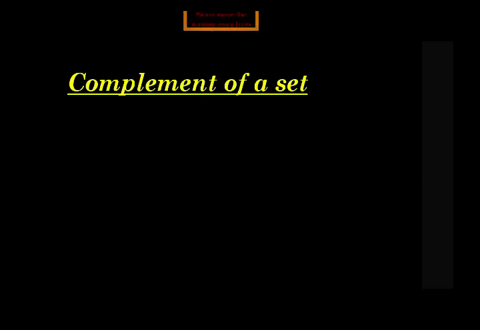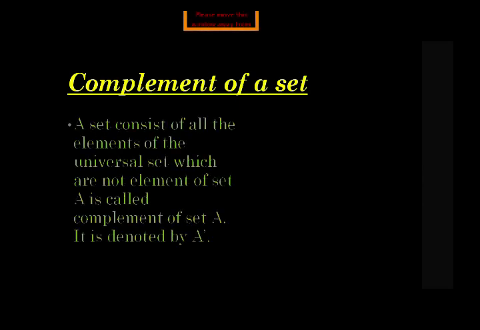Complement of a set. What is the complement of a set? A set consisting of all the elements of the universal set which are not elements of set A is called the complement of set A. It means that it contains elements that depend completely on the universal set; its elements completely belong to the universal set.